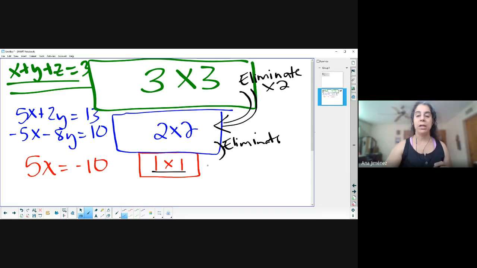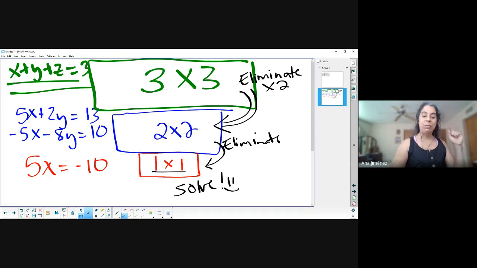And so once you have your 2x2, you're going to pick one more variable to eliminate of the remaining variables. And once you do that, boom, you've got a 1x1. And now you can solve that. Like that's what you're trying to do. So you solve it because you're super happy. And then once you have that solution, you're going to go back up the pyramid. So you're going to plug your solution into one of the 2x2s. Don't go back up to the original. Go to one of the 2x2s and solve for another variable.